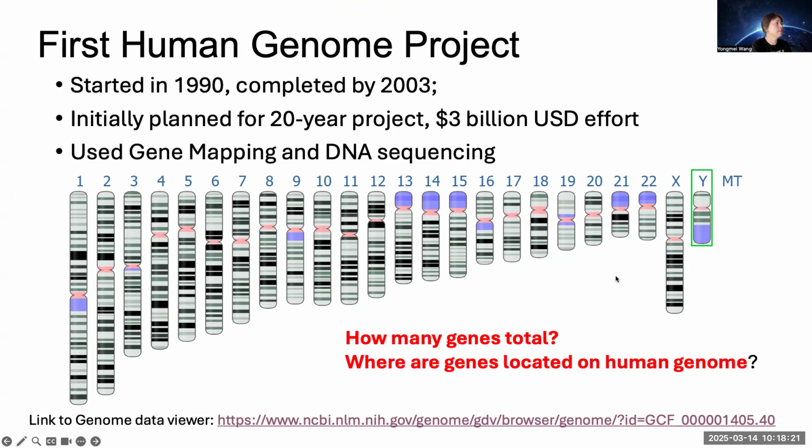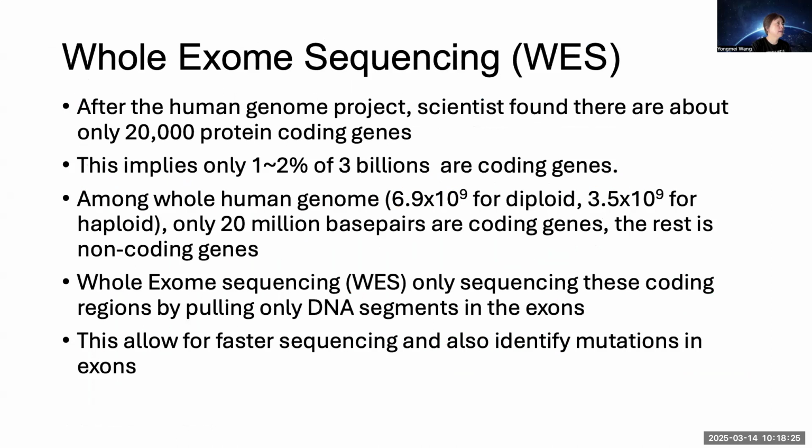Okay. So let me give you one more slide. Very quickly, people felt like, well, the whole NIH put so much effort into sequencing all of the 3 billion base pairs in humans, right? But in the end, they found there are only 20,000 protein coding genes, and this is only 1 to 2% of the 3 billion base pairs.